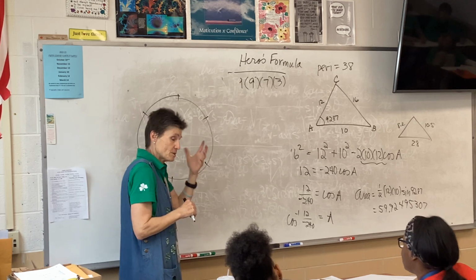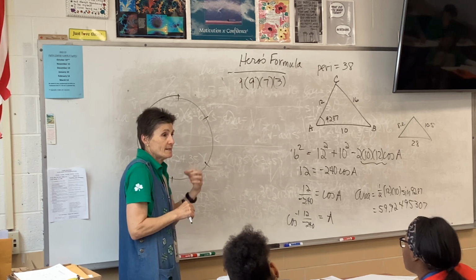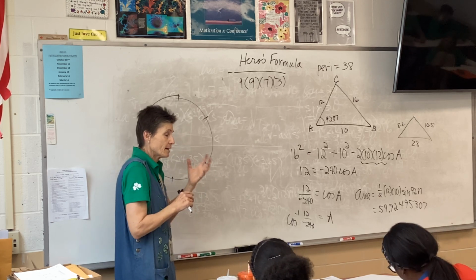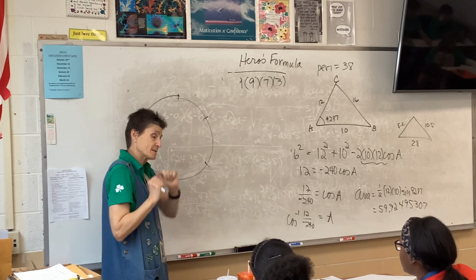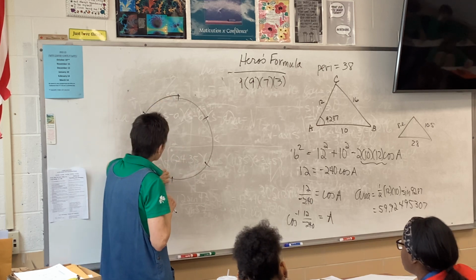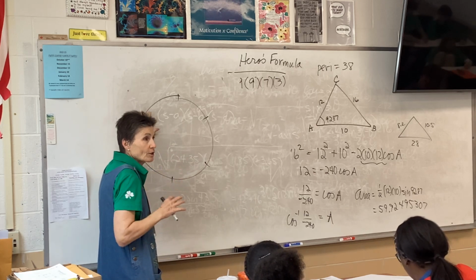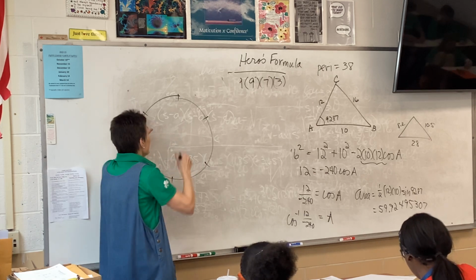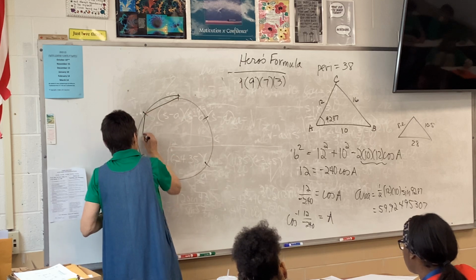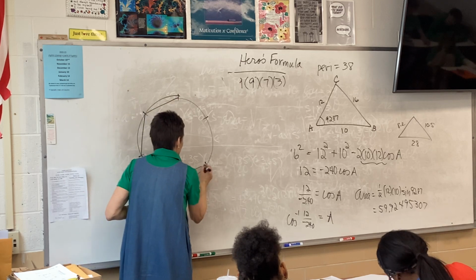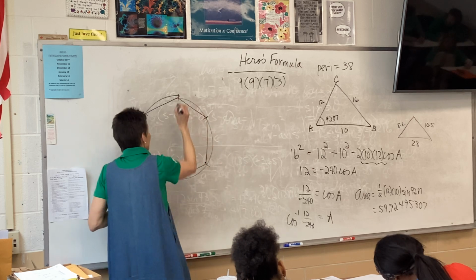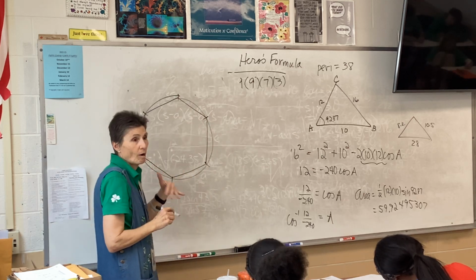Inside that circle, inscribed, is a hexagon. Hexagon means 6 sides. So I drew 6 relatively evenly spaced hash marks around my circle. Now, I'm going to connect those hash marks, and there is going to be my hexagon inscribed in a circle.